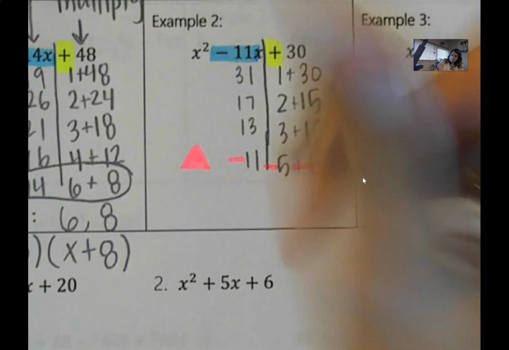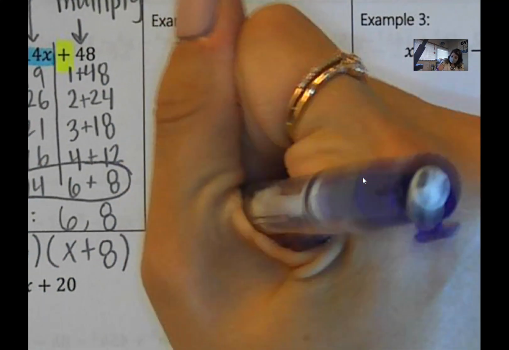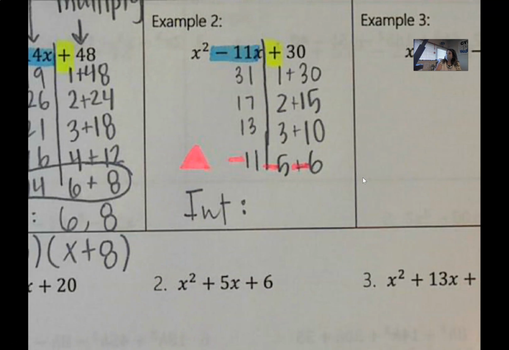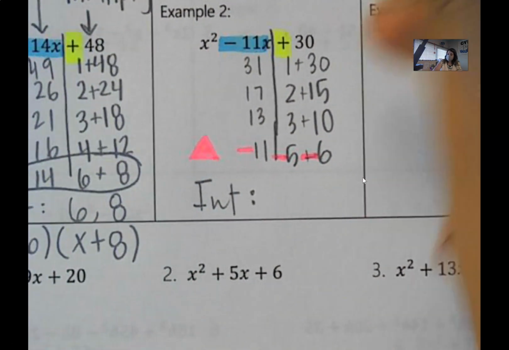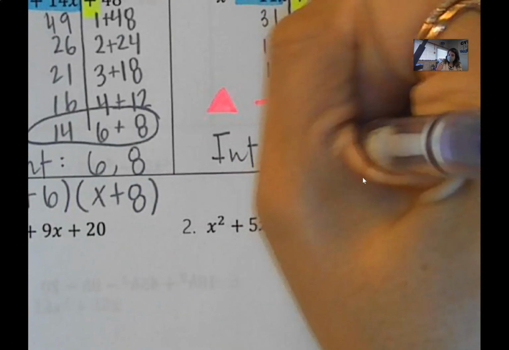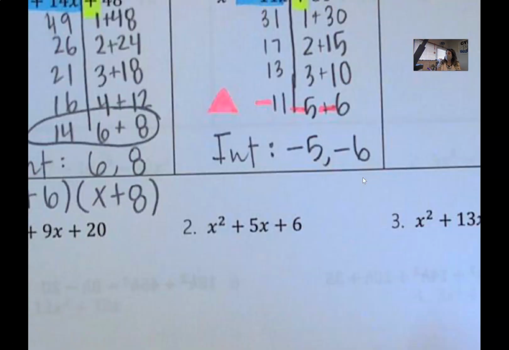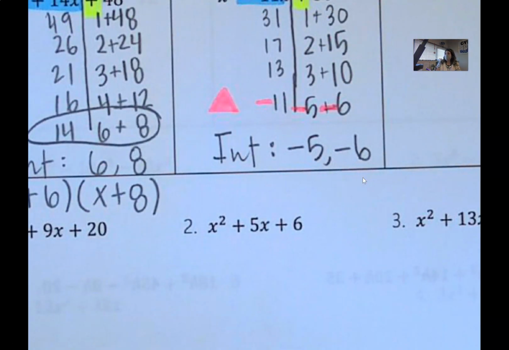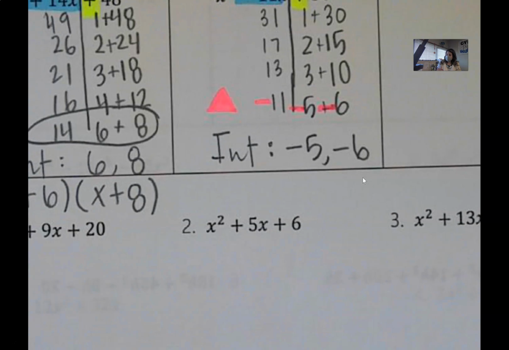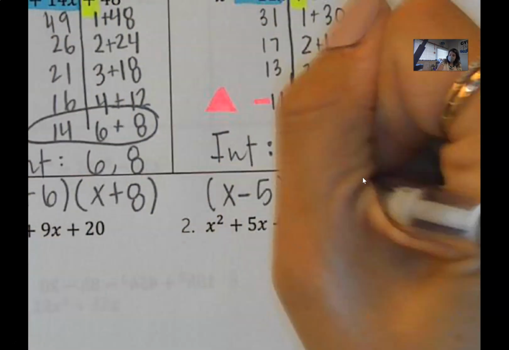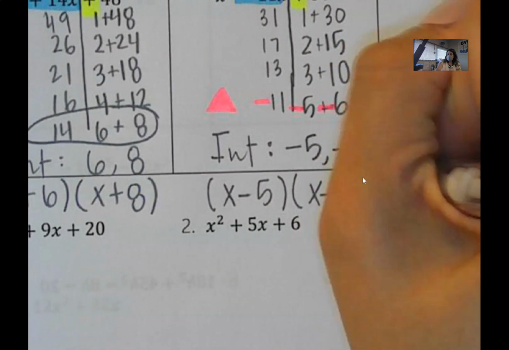If the problem is asking what integers you would use here, your response would be negative 5, negative 6. If the problem was asking you for the factors, it would be x minus 5, x minus 6.